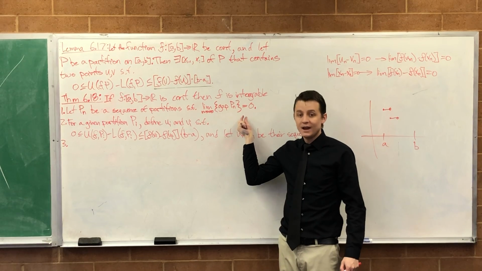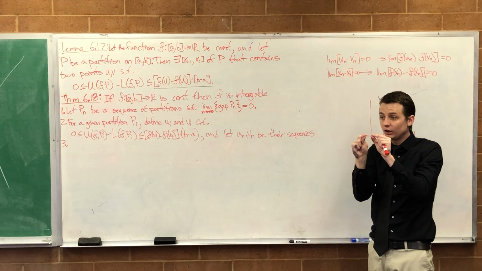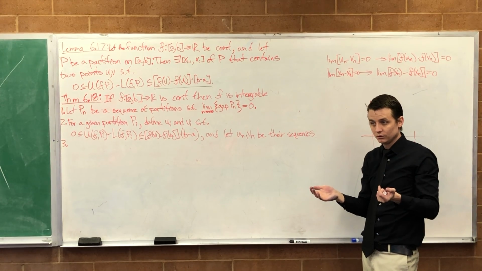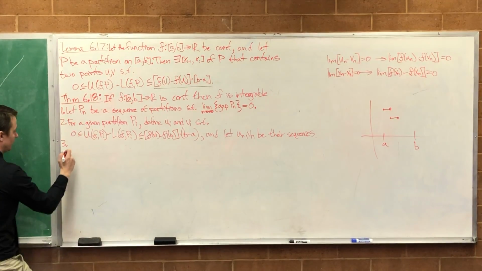And we know that the gap of our partitions as n goes to infinity goes to 0. And since u and v are always going to be in the same interval, they're forced to get closer and closer together, whatever interval they're in. Does that make sense? Here's where I'm going to put that all together.